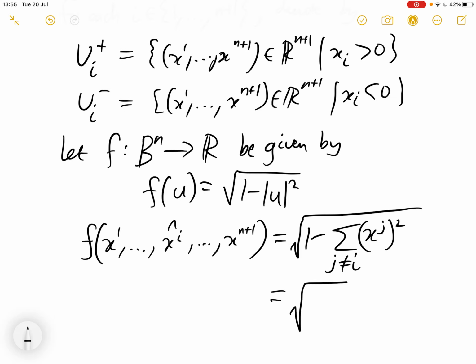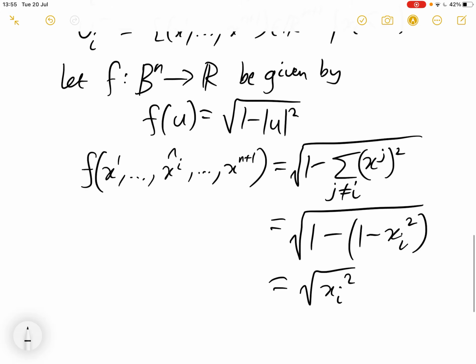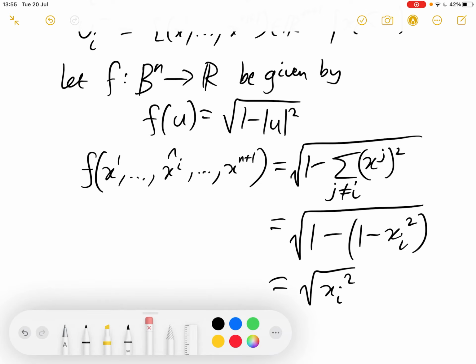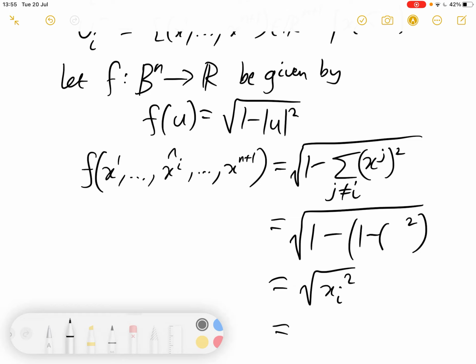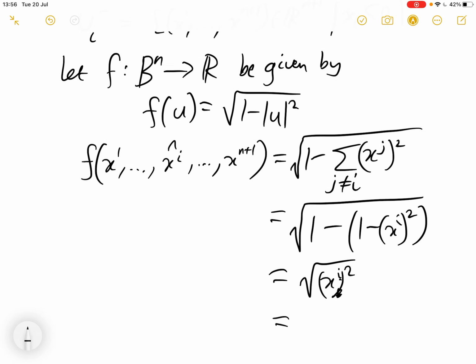So this sum here is 1 minus xi squared, and this is the square root of xi squared, which is the modulus of xi. So if xi is positive, this is equal to xi.